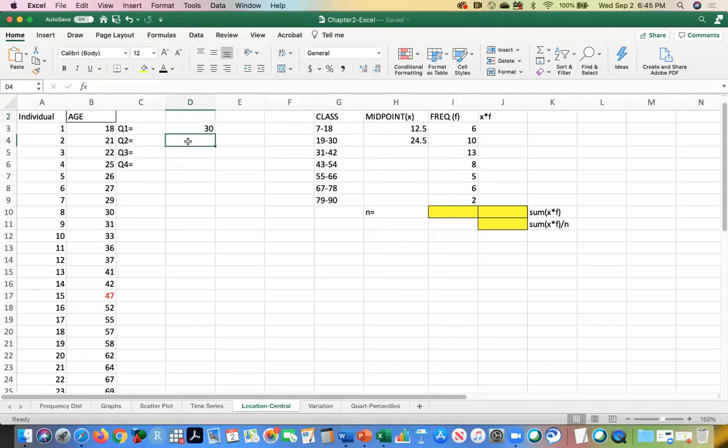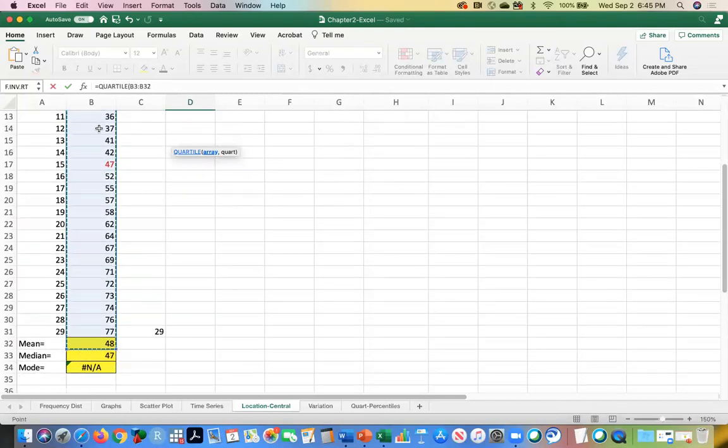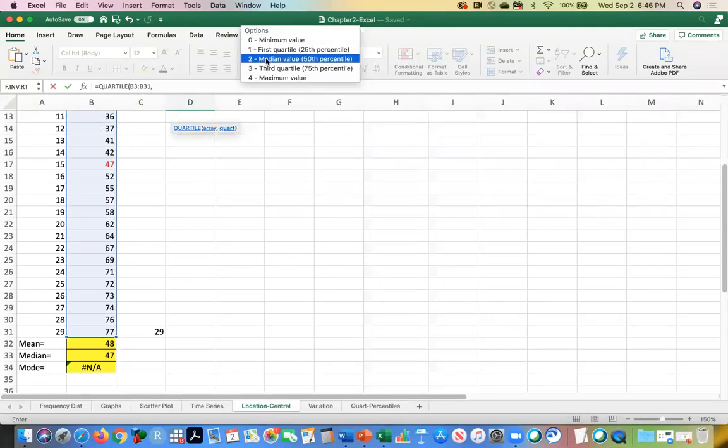Q2, surprisingly, is the median value. So I'm going to type equals QUARTILE, open parentheses. Once again, I'm going to highlight all my information and type a comma. I'm going to ask for this 50%. As you can see, the 50% is also the value of the median, okay?